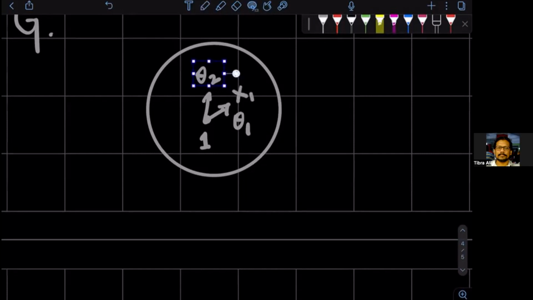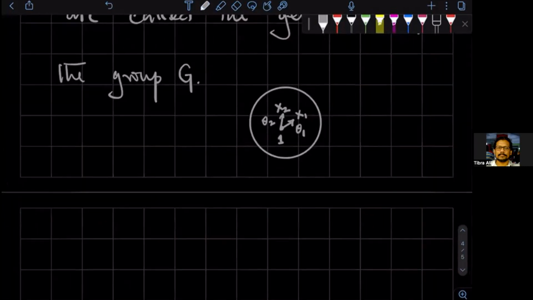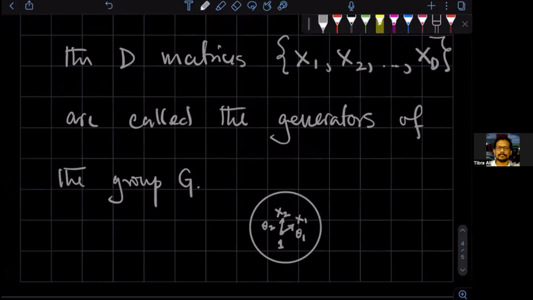The theta is the parameter, but the tangent vectors in those directions are represented by x_1, x_2, etc. From a geometrical point of view, the generators are nothing but tangent vectors at the tangent plane at the identity.